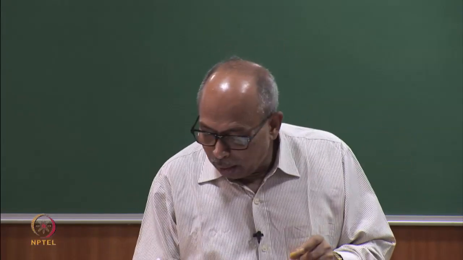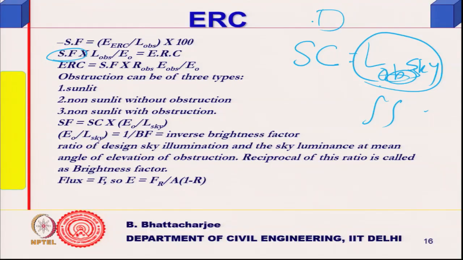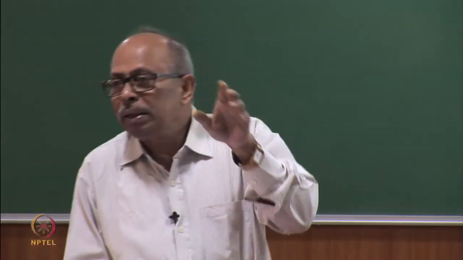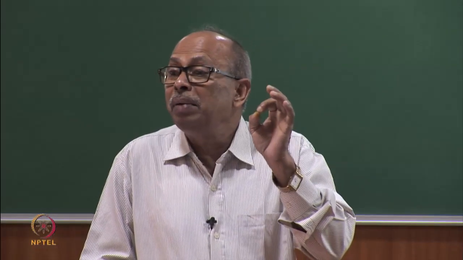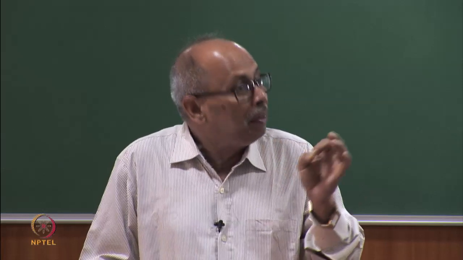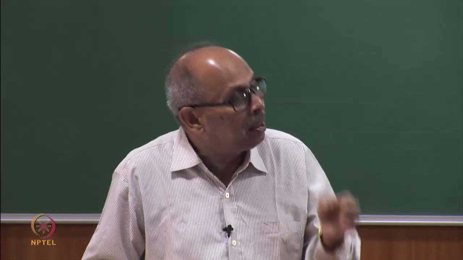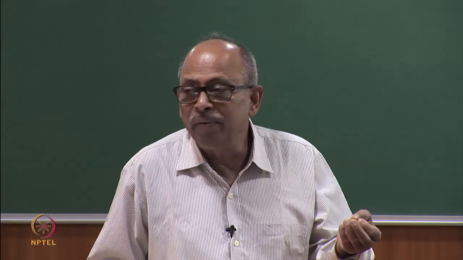If I consider a small area, then for that area I can take the average sky brightness, divide the sky component by average sky brightness, and that will be the sky factor again.